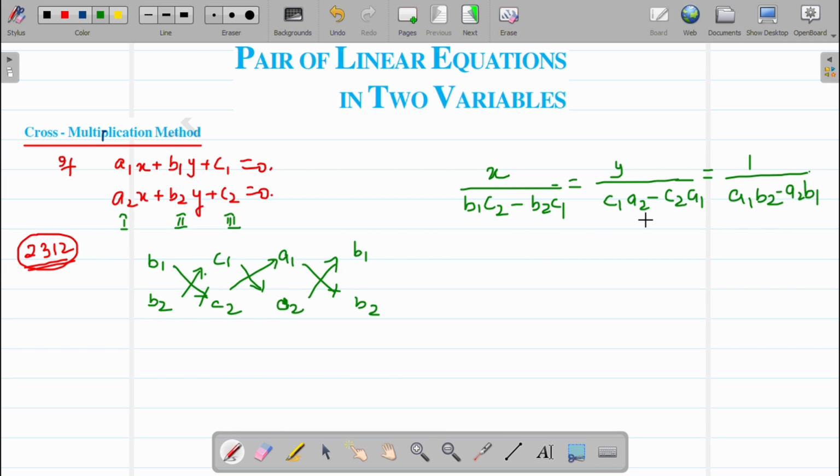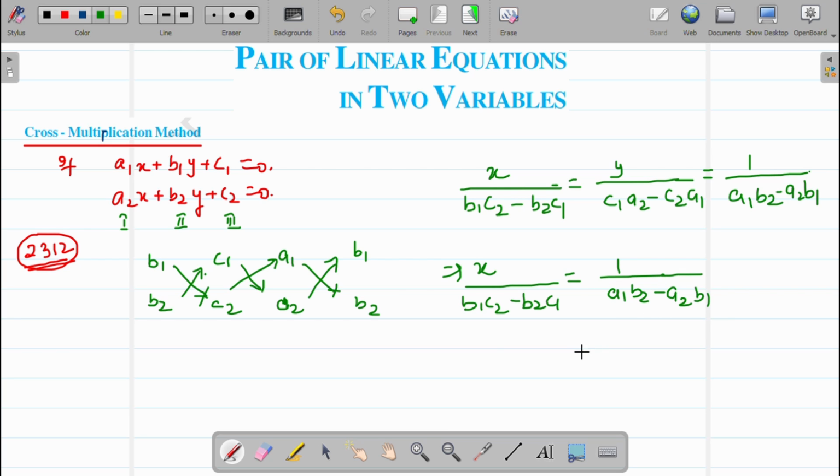So how do we do it further? Let me write one more extra step. This implies x upon b1 c2 minus b2 c1 is equal to 1 upon a1 b2 minus a2 b1.